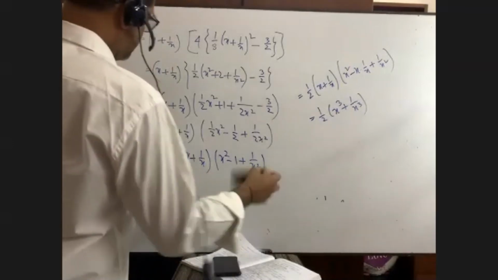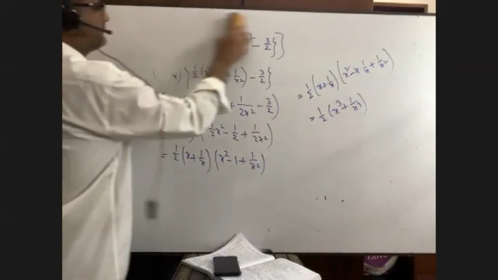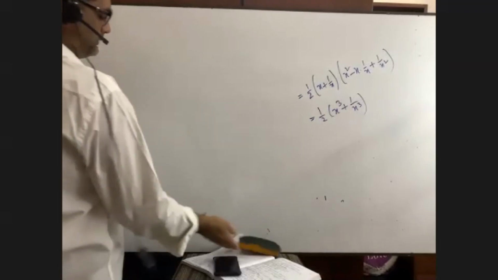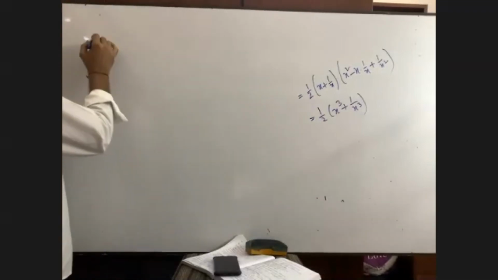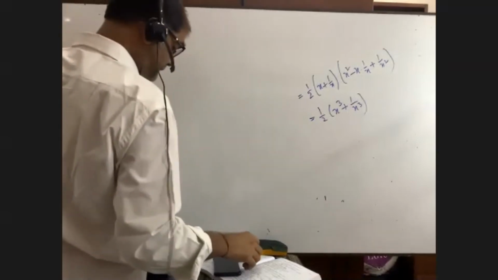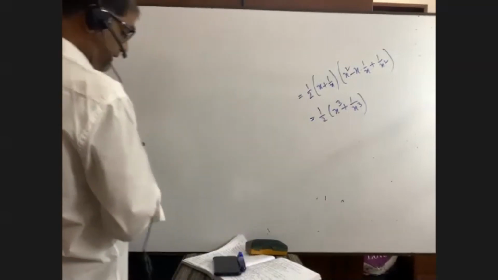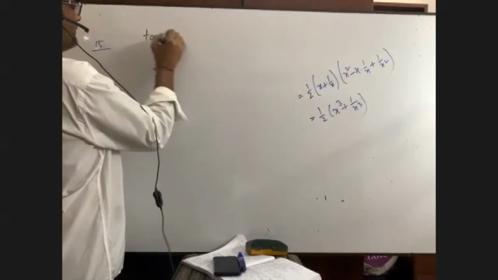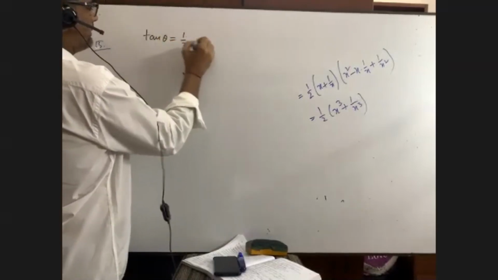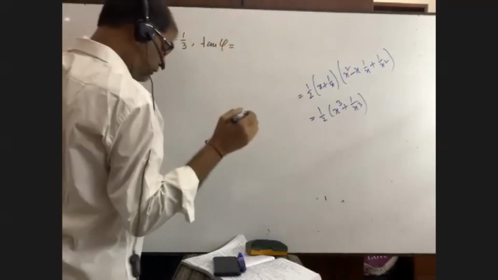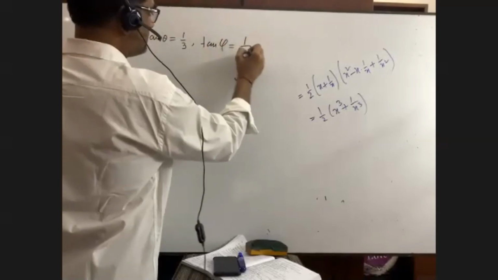Go to number 15. Number 15. Tan theta equals to 1 by 3. What is given? Tan theta equals to 1 by 3 and tan phi is equal to 1 by 7.